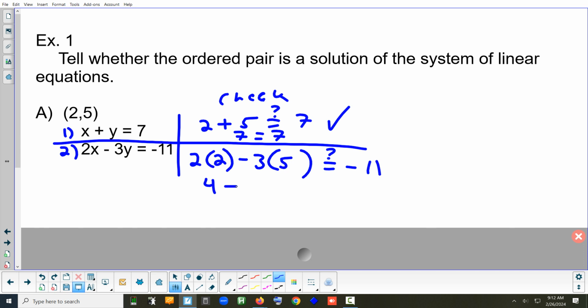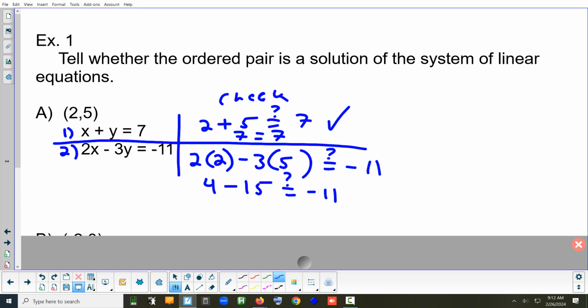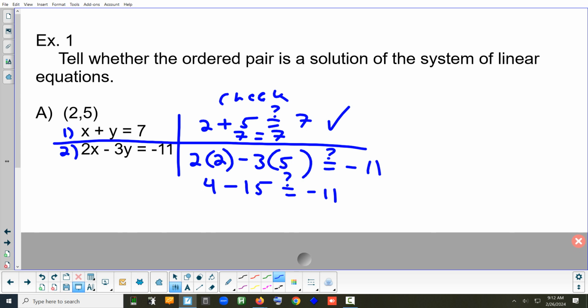Minus, what's 3 times 5? So we get negative 15. Okay. And what's 4 minus 15? That is negative 11. Does negative 11 equal negative 11? Yep, get the same number on both sides, so that's good.